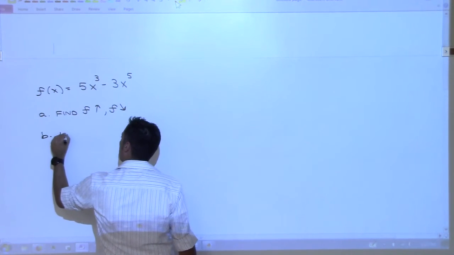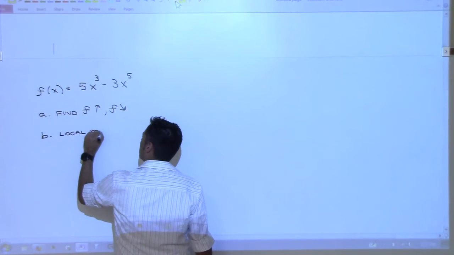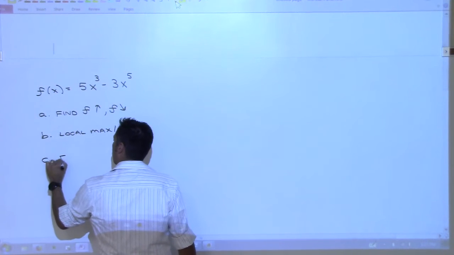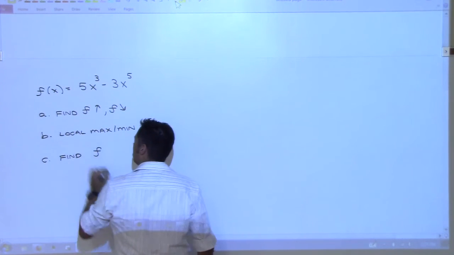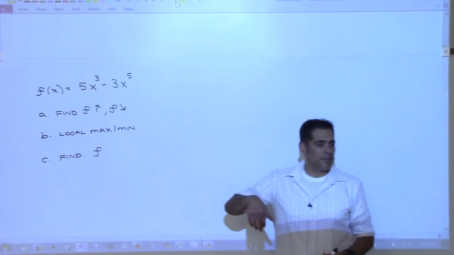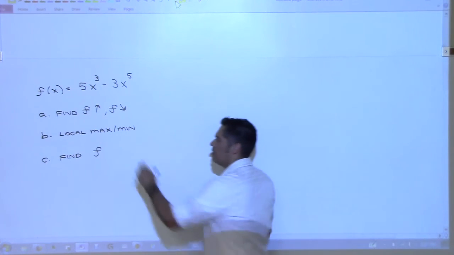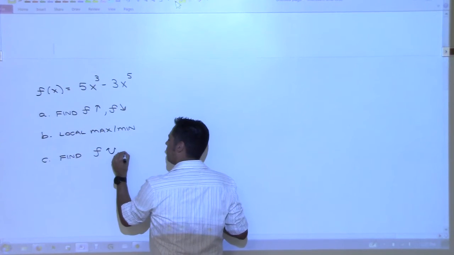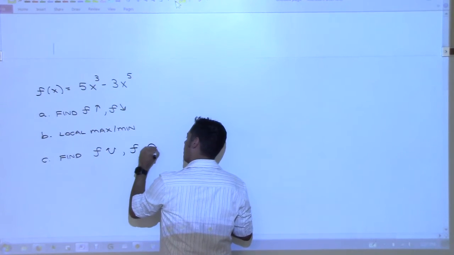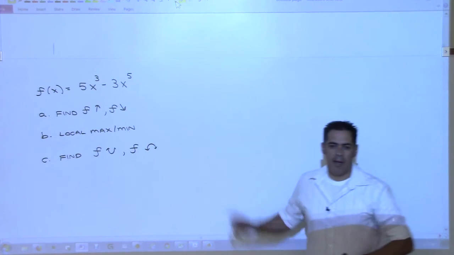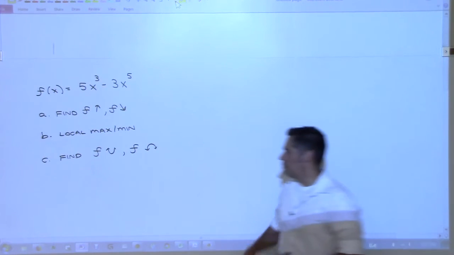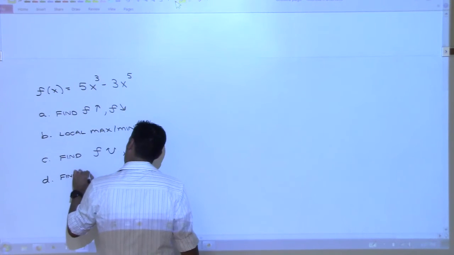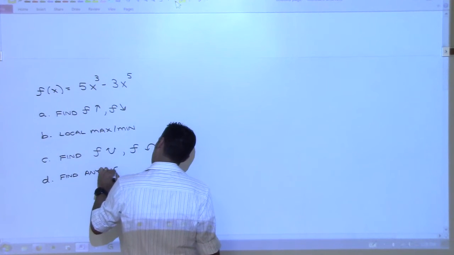Part B, find the local max and min. Part C, I want us to find where the function is concave up and concave down. The way I'm going to do that, you know how I used arrows here? I'm just going to use little concave up and concave down symbols. And then part D is to find any inflection points.